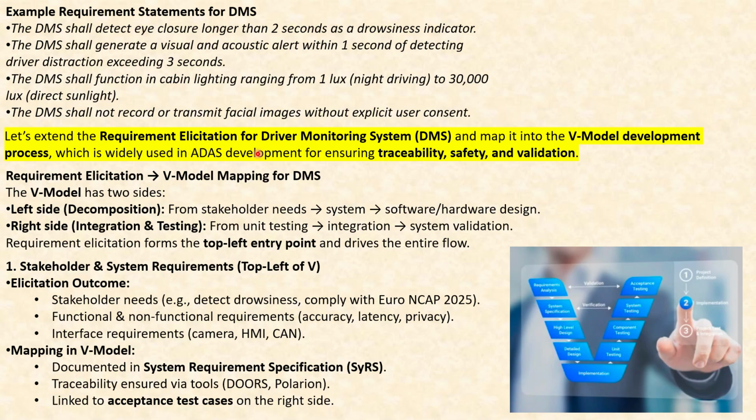Let's extend the requirement elicitation for the driver monitoring system and map it into the V model development process, which is widely used in ADAS development for ensuring traceability, safety, and validation.